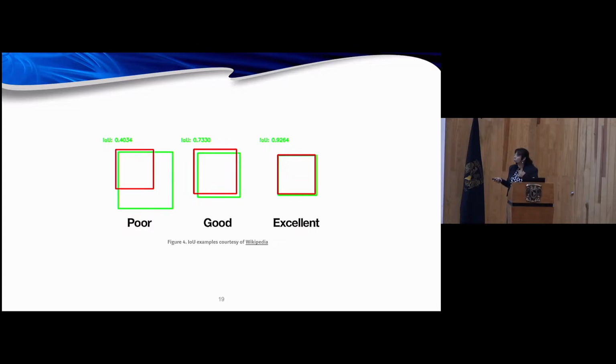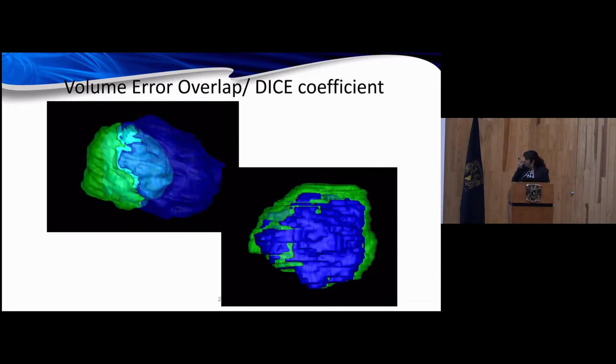This says when this is overlapping completely, it's an excellent segmentation, no? Like what the algorithm did compared to what the clinician segmented. And this is a very poor segmentation. We don't want that. And if we do it on the volumes, well, the problem is getting more complicated, no?